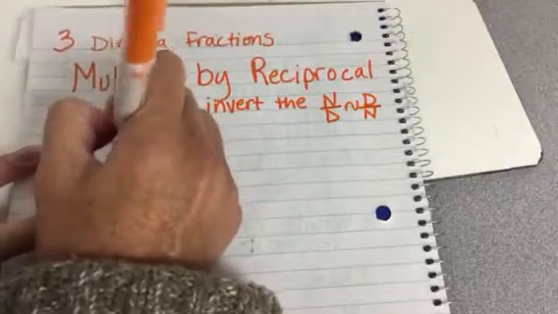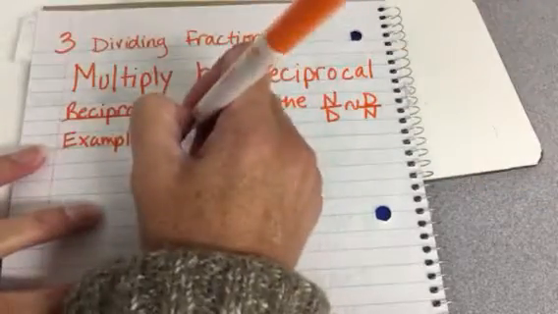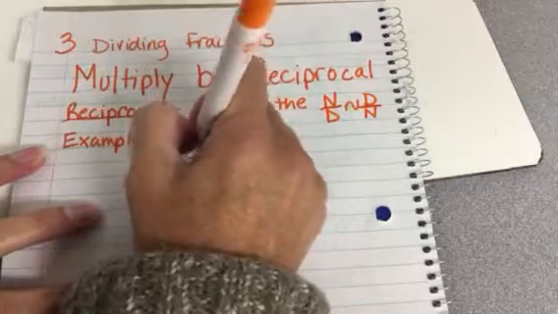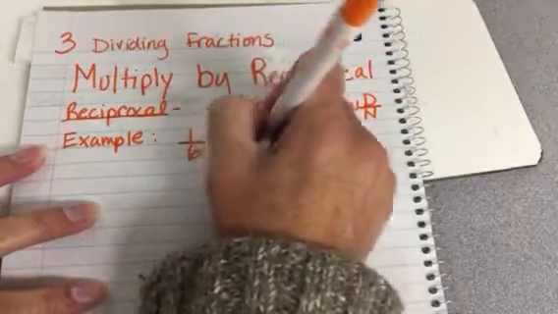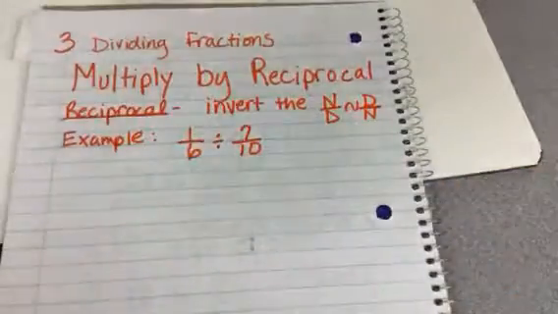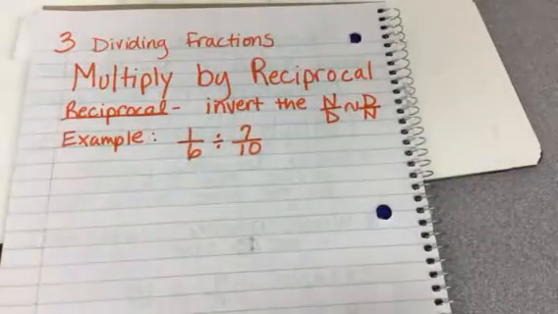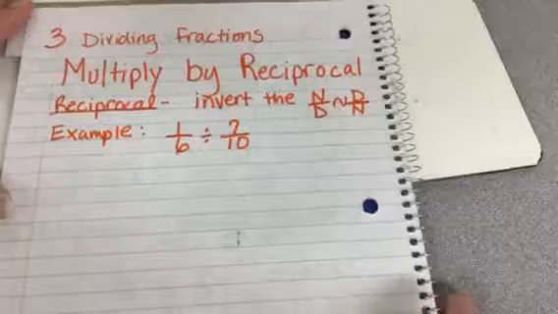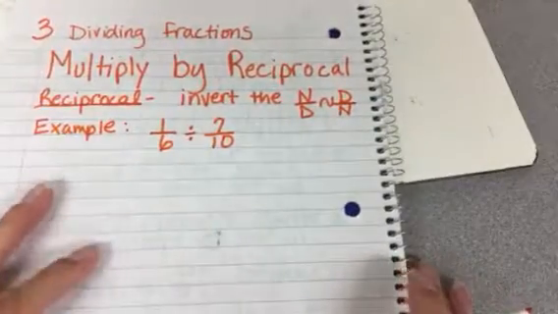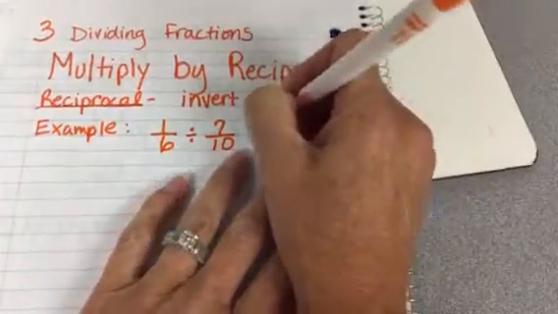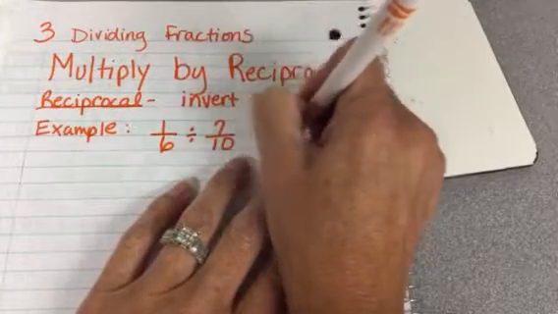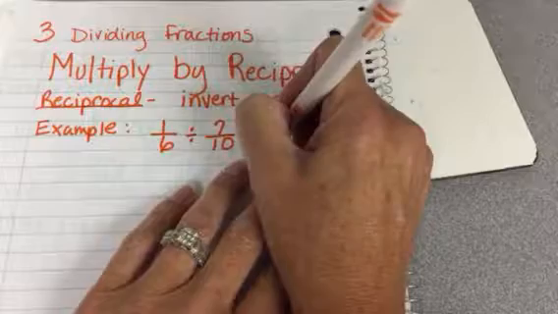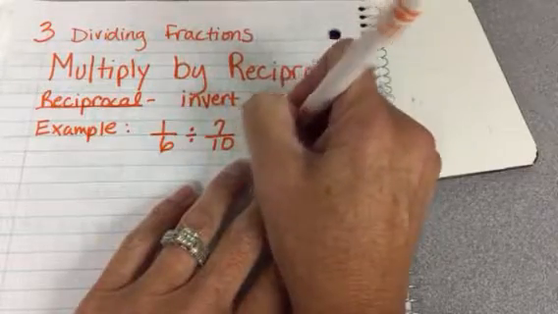Okay, so your example here is going to be 1/6 divided by 7/10. Now, I do want you to know, and this won't come up very often, but it is possible to write your fraction like this: 1/6 over 7/10.